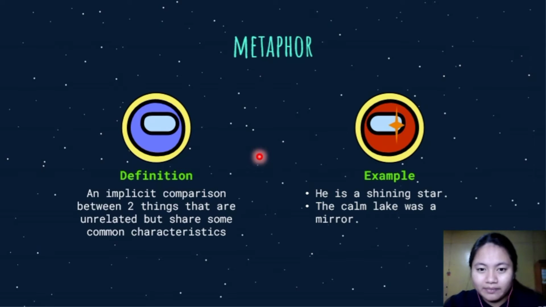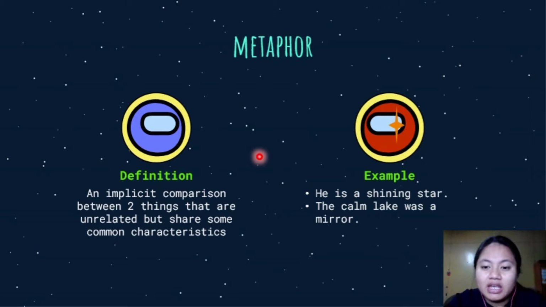So how do we differentiate between simile and metaphor? Remember, simile uses the word like or as to compare two things. Unlike simile, metaphor does not use like or as. Metaphor simply compares this thing and this thing.